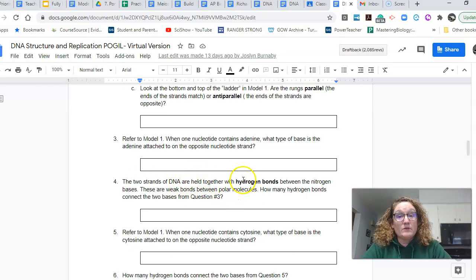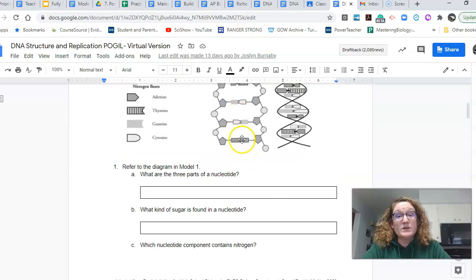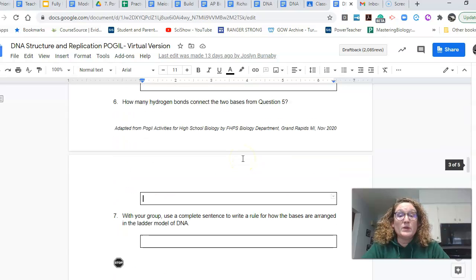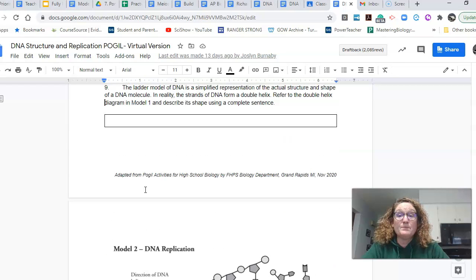Remember that the hydrogen bonds are these bonds that are here in the middle between the A, T, G, and C. And those are the weaker bonds that are going to be easier to come apart. Okay, so you're going to do 1 through 8. Again, here's Chargaff, which talks about the complementary pairs, which is the rule of A bonding to T and C bonding to G. So you should be able to fill that in. And this is where you'll stop, is after question number 9, thinking about that ladder.